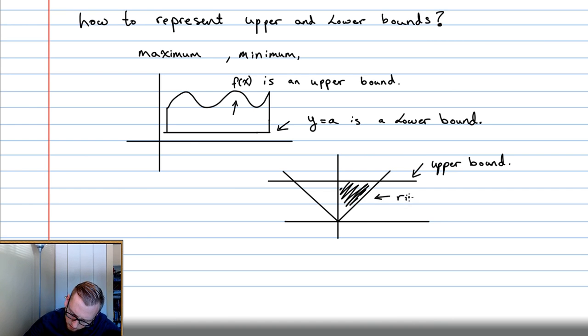So I'll call it the rightmost bound. But it could also be considered a lower bound, because if we were going left to right, it would be the rightmost, but if we're going vertically, it would be the lower bound in this case.